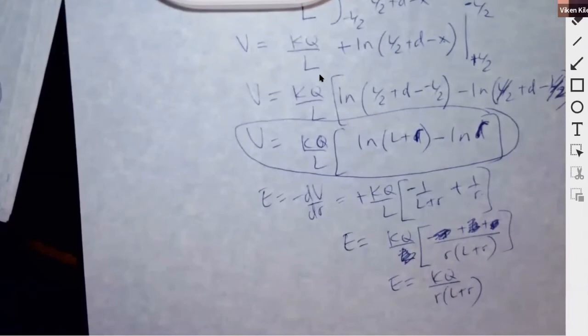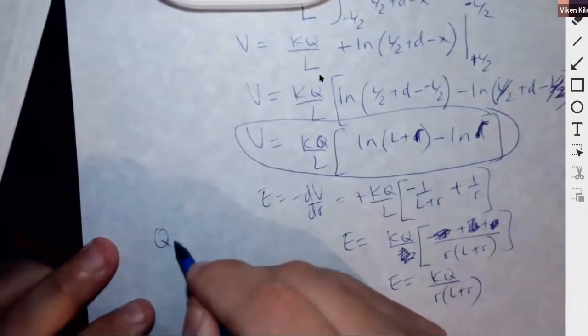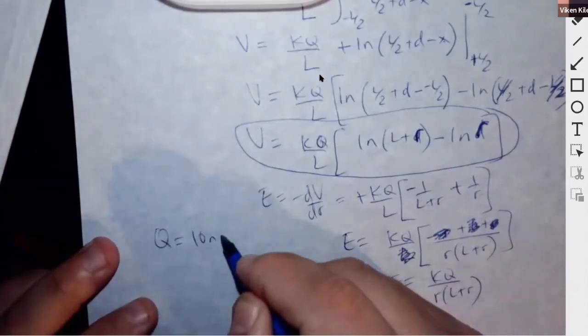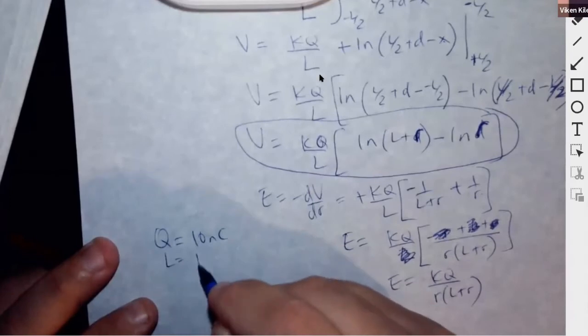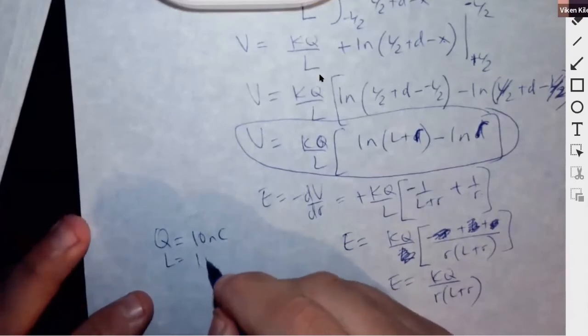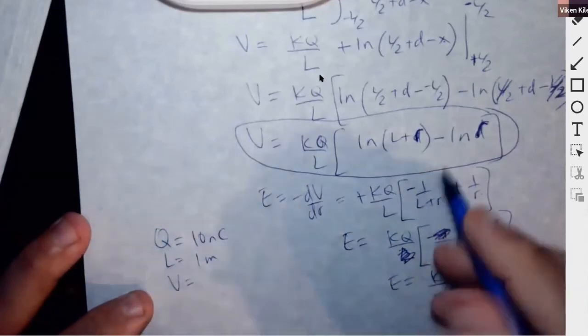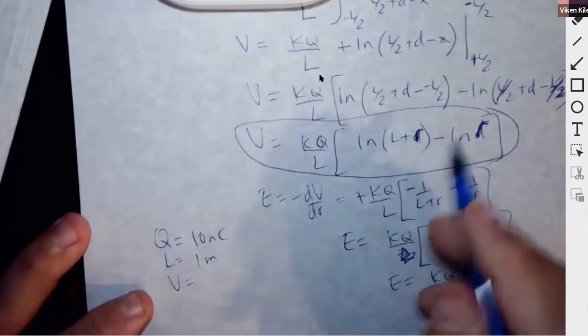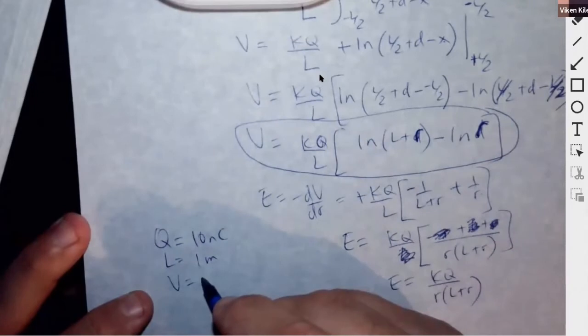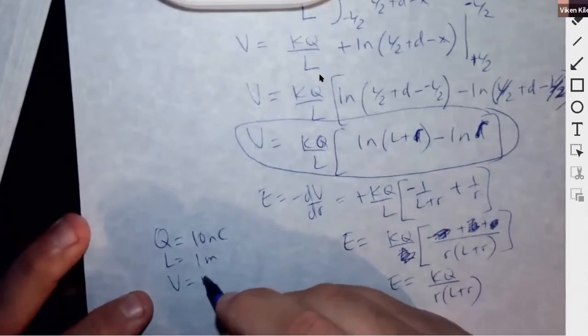Okay, now let's get numerical answers just so we can see what we're dealing with here. So if your charge is 10 nanocoulombs and the length of the rod is 1 meter, what's the voltage, let's say 1 meter away, for R is 1 meter.